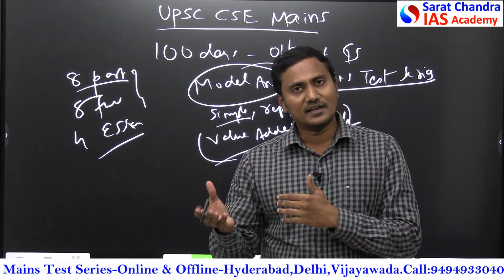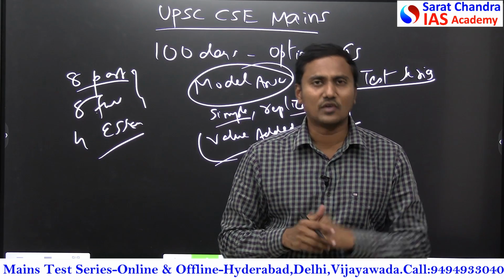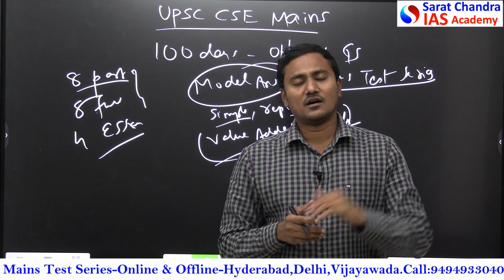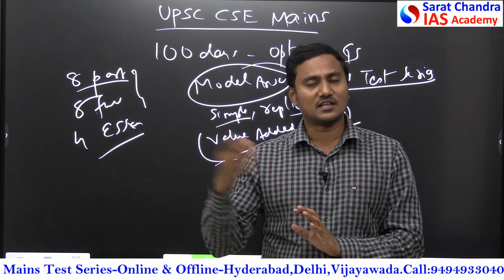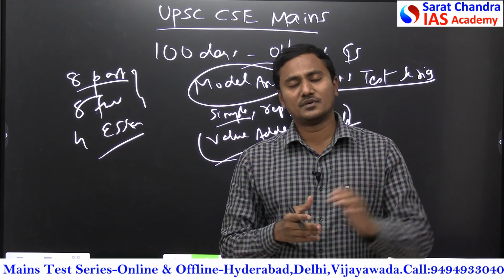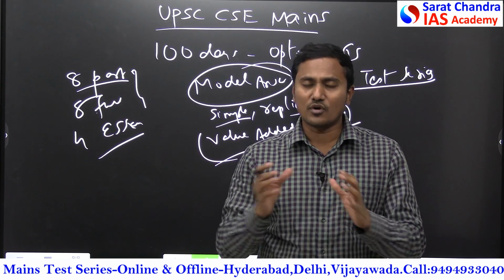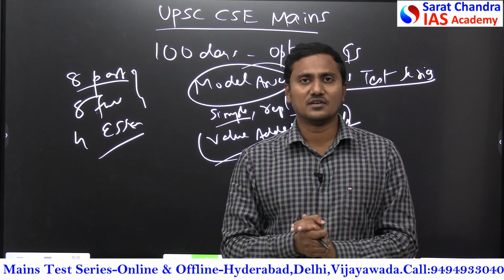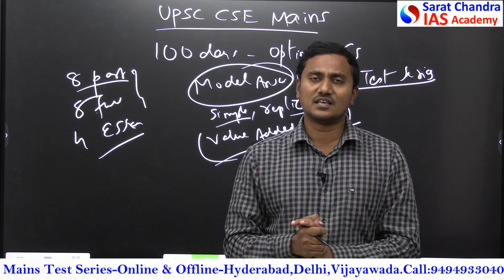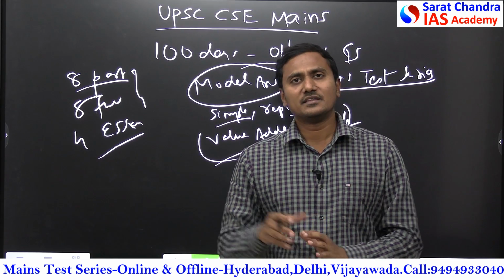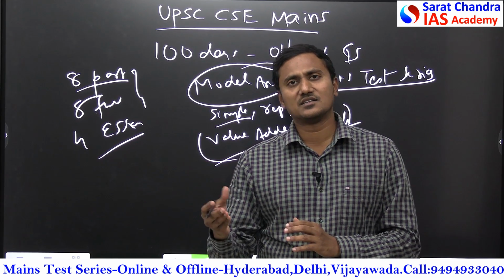Or in polity, it can be important judgments of Supreme Court, High Court judgments, or National Commission for Review of Constitution of India, Justice Venkatachala Commission, or any white papers or law commission reports, important reports, which you can mention in your answer. In environment, maybe Gadgil Commission report or any other government acts, schemes that you can directly use in the examination. In ethics, second ARC, important statements.